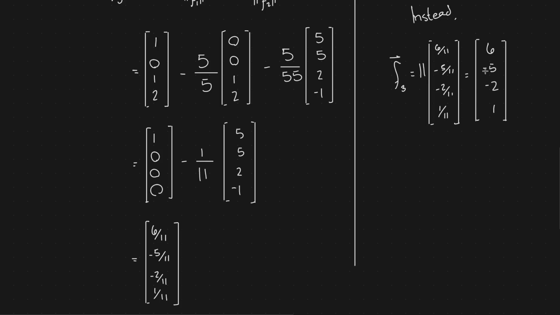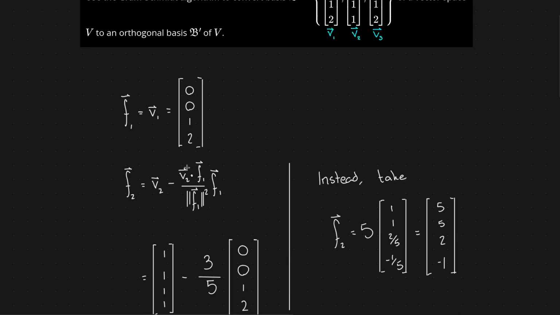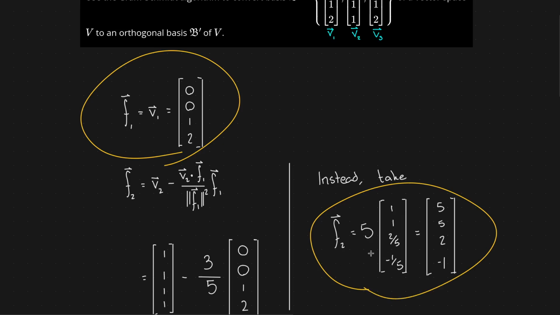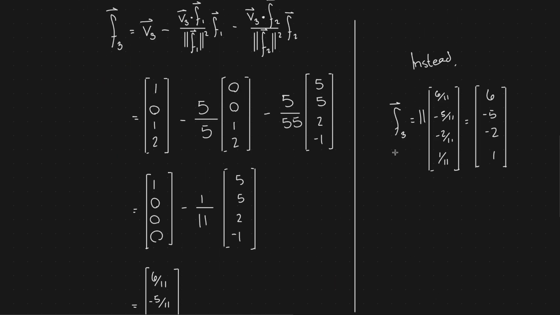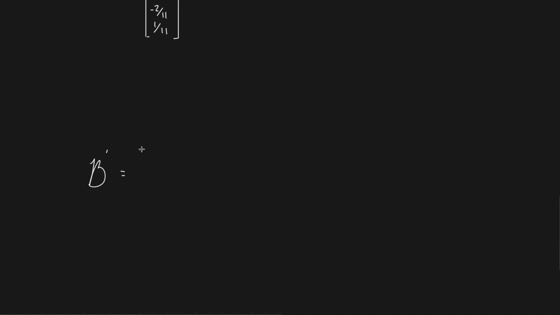Okay. All right, so I have F1, I'm taking this as F2, and then I'm taking this as F3, and they are all orthogonal to each other. They all form a basis by the Gram-Schmidt algorithm, and therefore my orthogonal basis, my B prime, is going to be these three vectors. So 0, 0, 1, 2. That's F1.